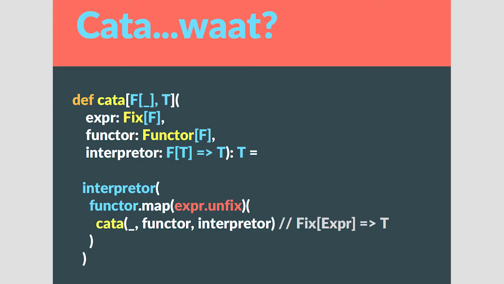It gets an expression, our expression that we want to evaluate. It gets a functor. The functor is the way we will traverse our structure. And it gets an interpreter, just our function that will describe how we convert from the expression tree to a query.